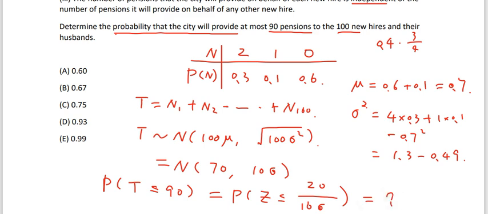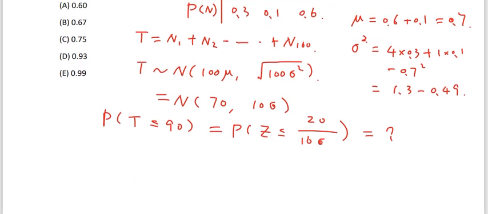We need to find sigma by taking the square root, then you can check the table. So the answer I think should be D or E.